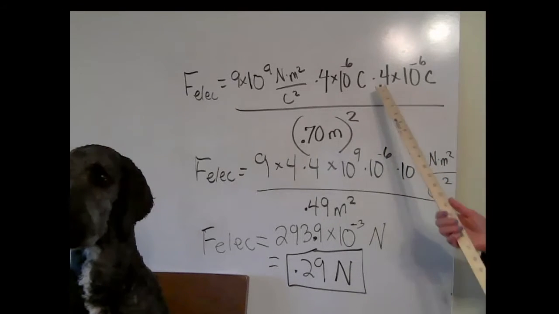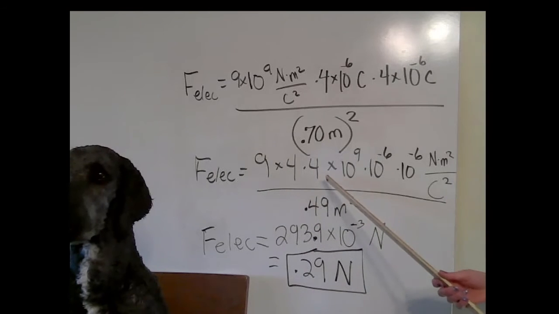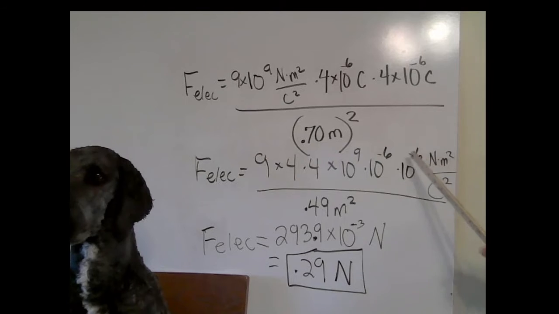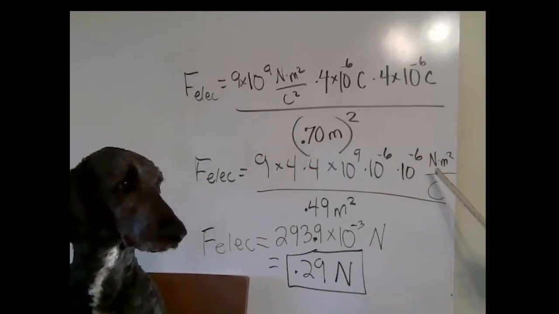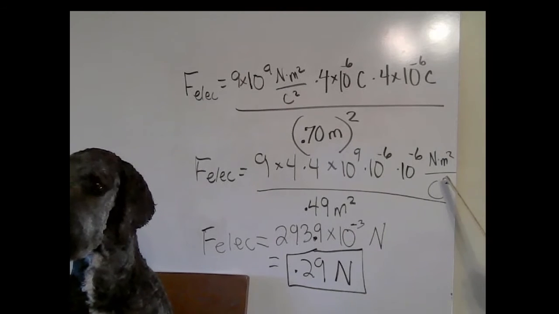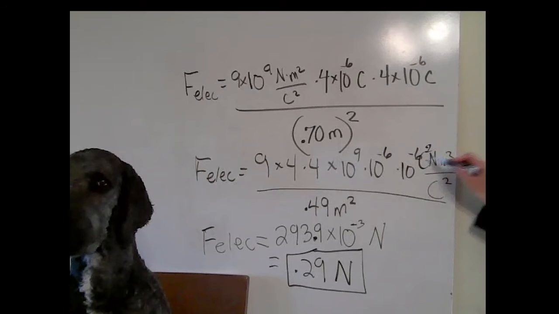So using some algebra, you see that we have 9 times 4 times 4 times 10 to the 9 times 10 to the minus 6 times 10 to the minus 6, and all the units brought over to the right, newton meter squared divided by coulomb squared, and there was the coulomb squared on top.